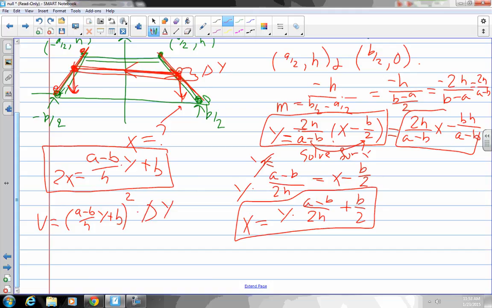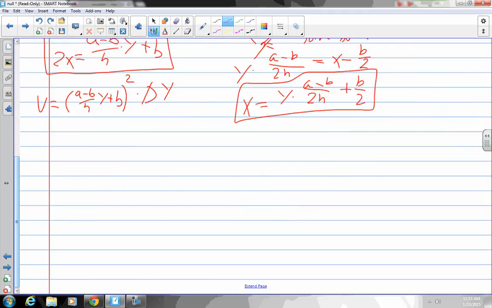This is the volume of each one of those little boxes, provided values of a, b, and h. Now, we're just going to add them all up, right? So we're going to take the integral of this thing, and y ranges from 0 to h. Woo!